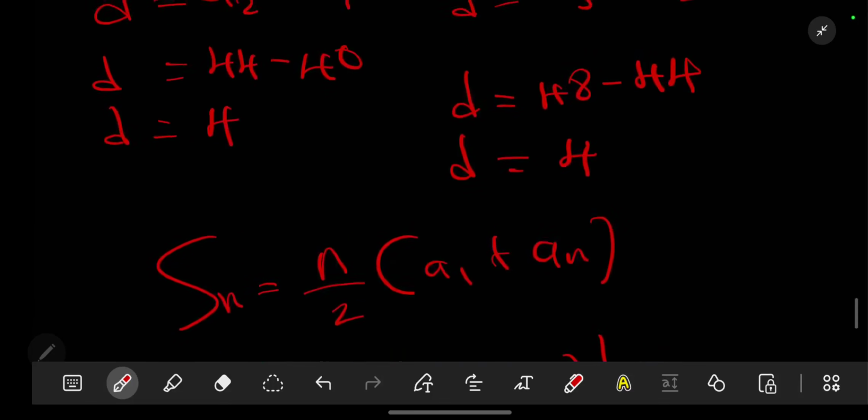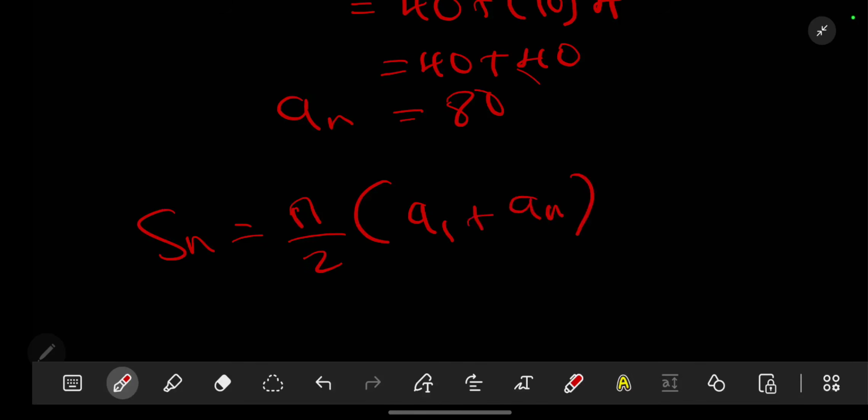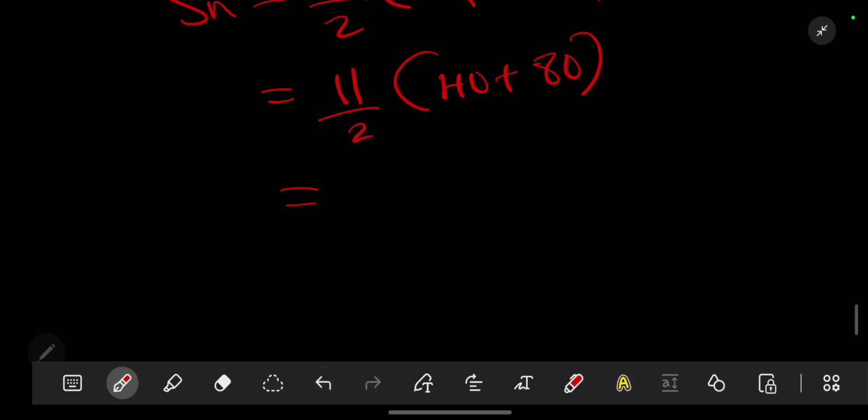If an is equal to 80, that means our sum should be equal to n over 2 times (a1 plus an). So n is 11, over 2, times a1, which is 40, plus an, which is 80. So we have 11 over 2 times (40 plus 80), which gives us 120. We cancel: 120 divided by 2 is 60.